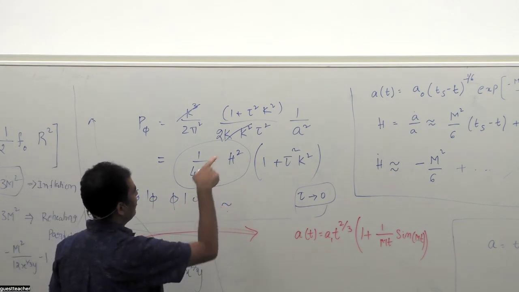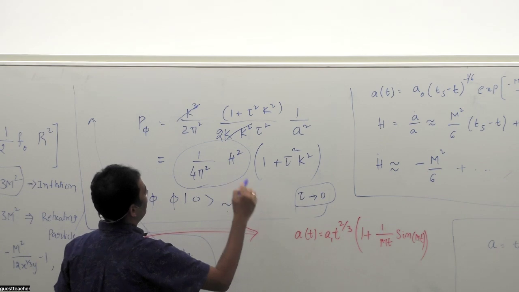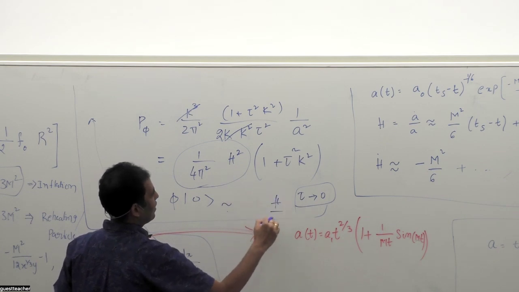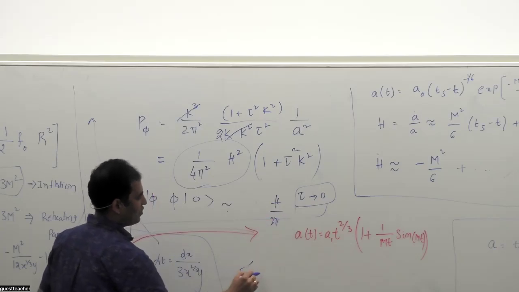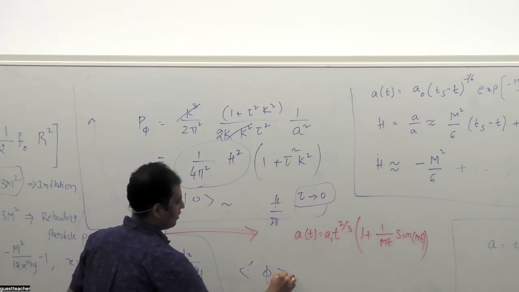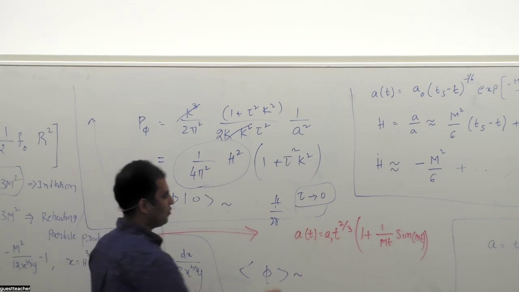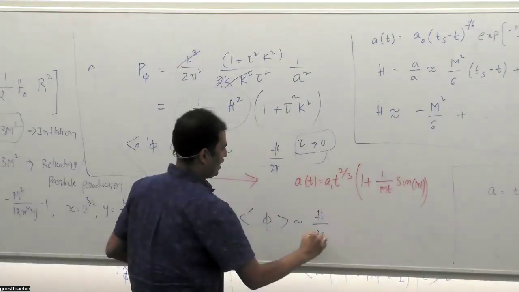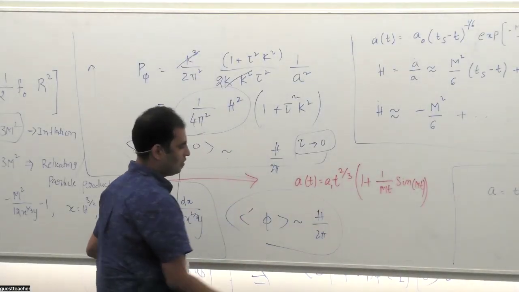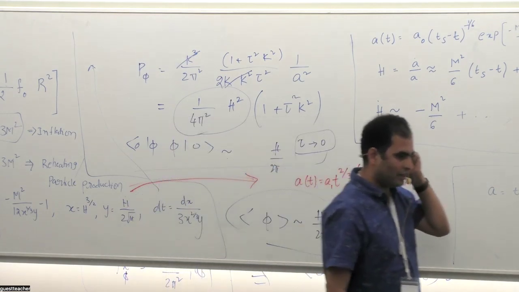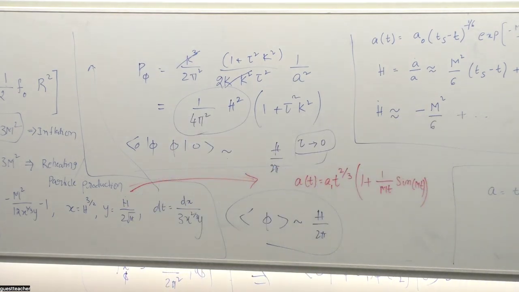Okay, cool. Now, this is what represents the correlation of the phi field, and it is represented by h by 2 pi. So that means on average a fluctuation has some amplitude of h by 2 pi, and this is mostly known as the de Sitter amplitude.